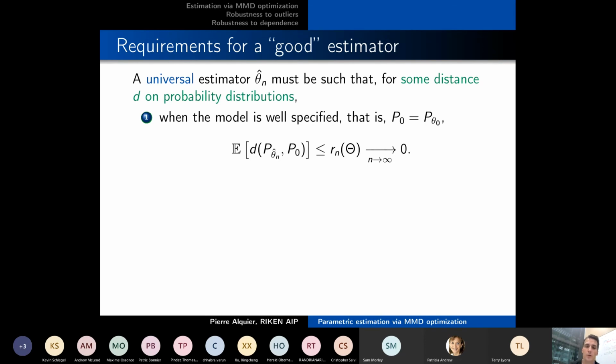In this case, we don't really care if we estimate the true probability distribution, but we want to estimate at least correctly from the point of view of predictive performance. So in this case, it might not be exactly a distance. And even though I will only talk about distance in this talk, all this could be discussed with more general discrepancy measures.